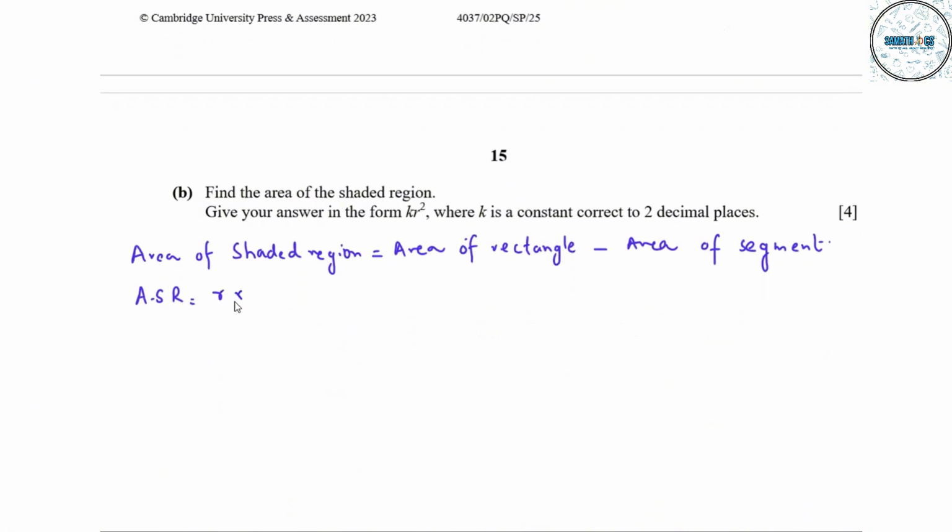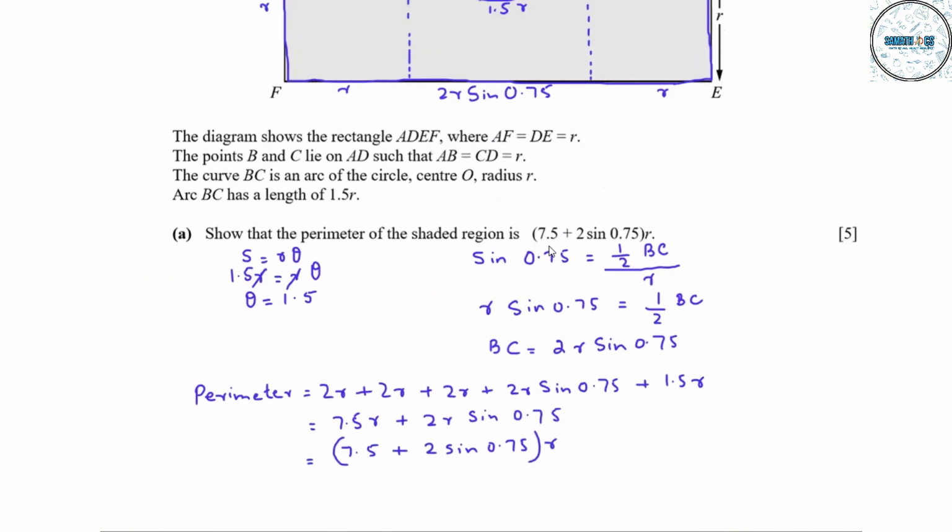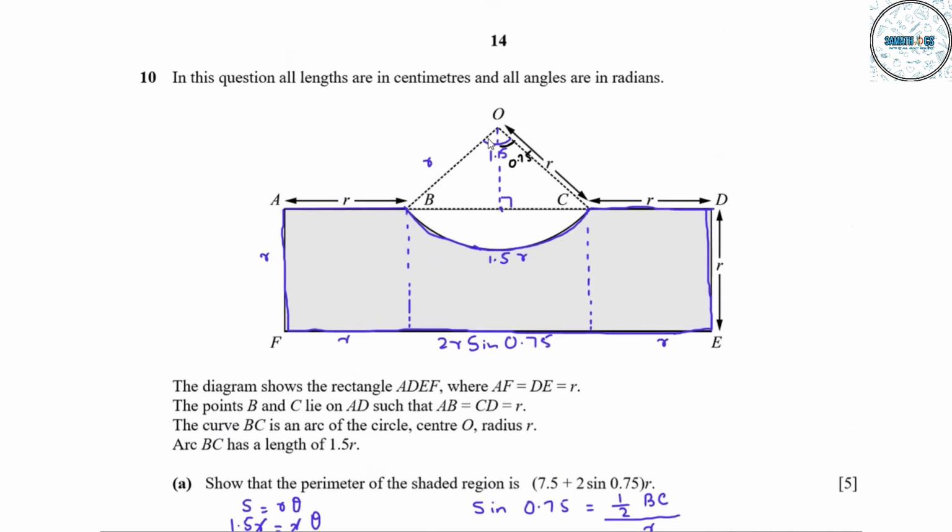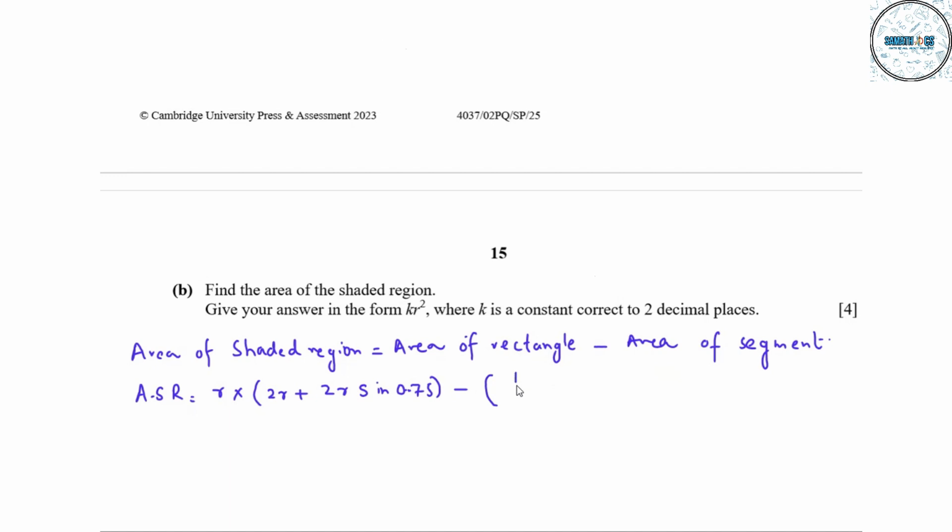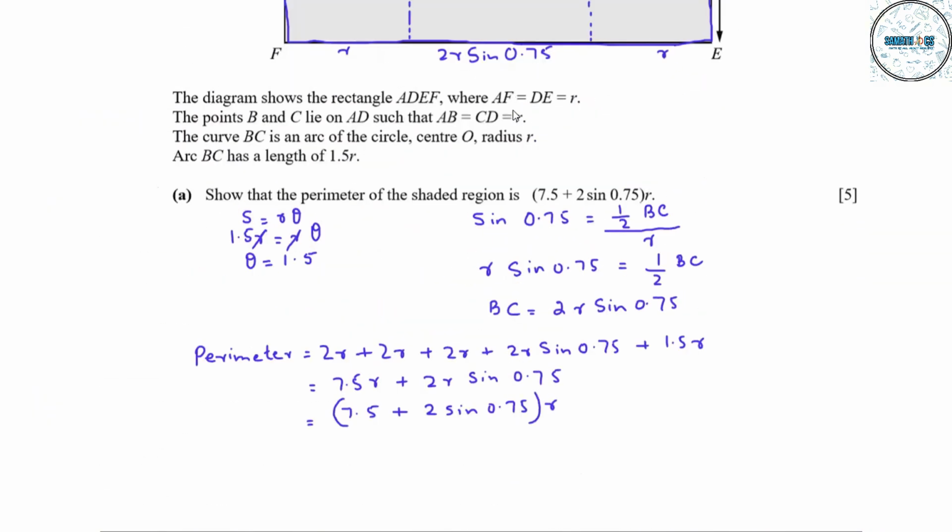So r multiplied by 2r plus 2r sine 0.75 minus area of segment. For area of segment, area of sector, which is half r squared theta. Theta is 1.5. 1 upon 2 r squared into 1.5 minus area of triangle.